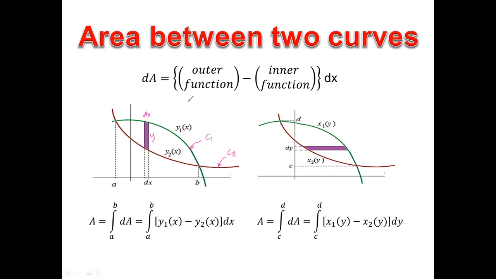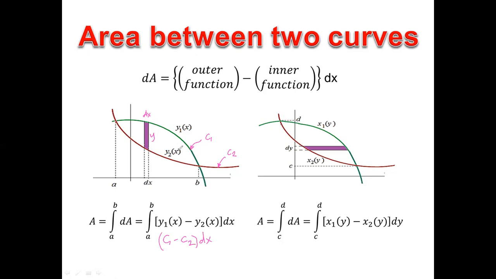The y that you have written there will be y of x sub 1, meaning this is the y of curve number 1 minus the y of curve number 2, representing the length of this differential element. We multiply it to its width, which is dx.